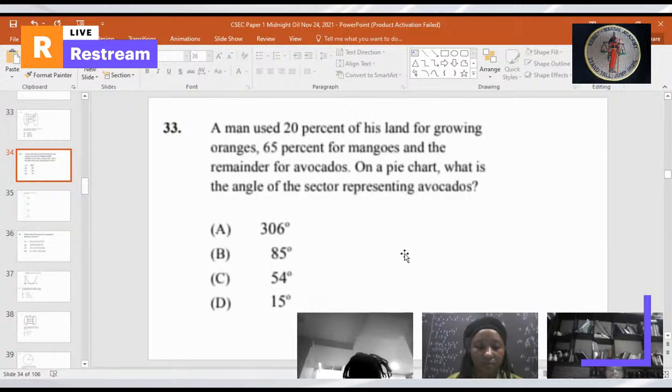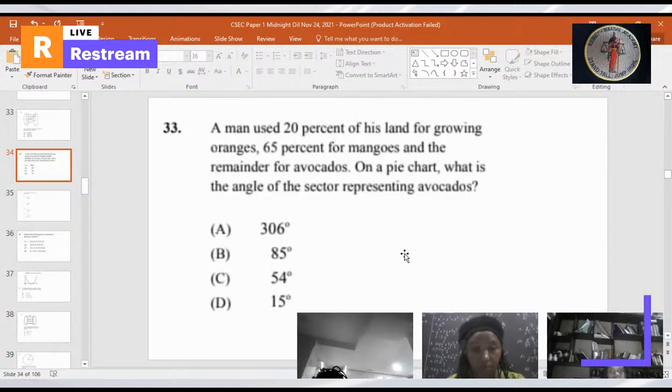Number 33. A man used 20% of his land for growing oranges, 65% for mangoes, and the remainder for avocados. On a pie chart, what is the angle of the sector representing avocados?